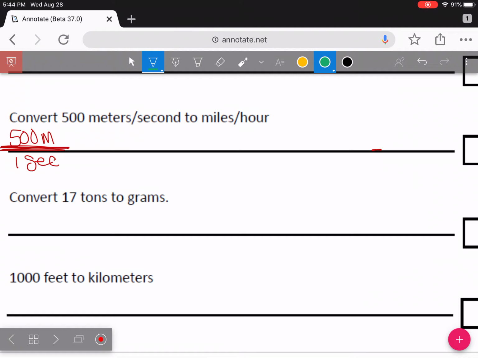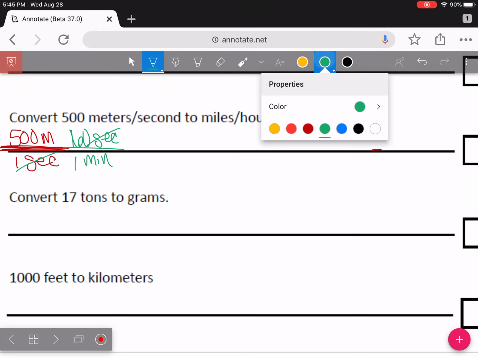So we want to get to the next bigger thing that we know is minutes. So in 1 minute, see, I almost messed up. There are 60 seconds. So we put seconds on top. Why? Well, because we want to cancel seconds out. We want seconds to go away, and we want to be left with minutes. So now let's see, what can we get bigger from minutes?